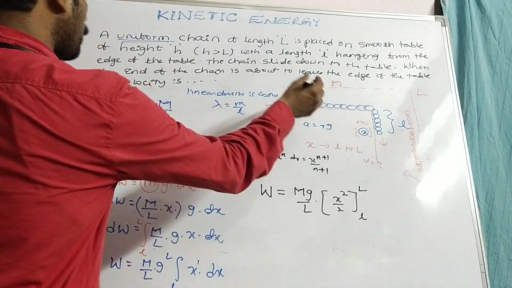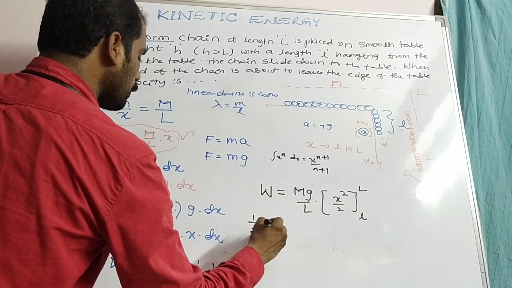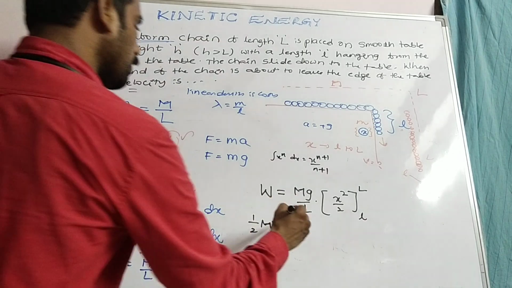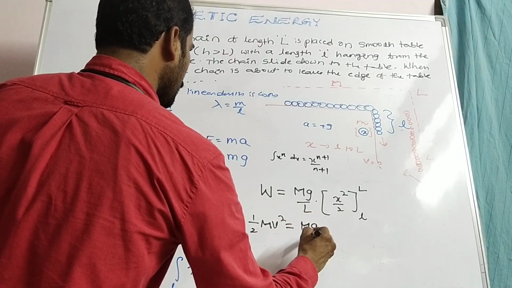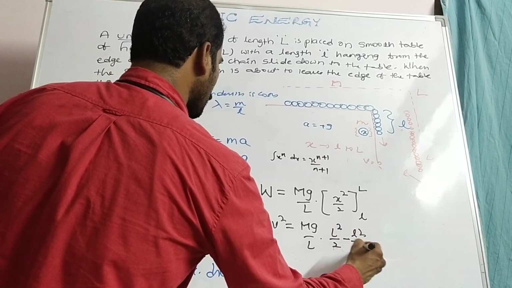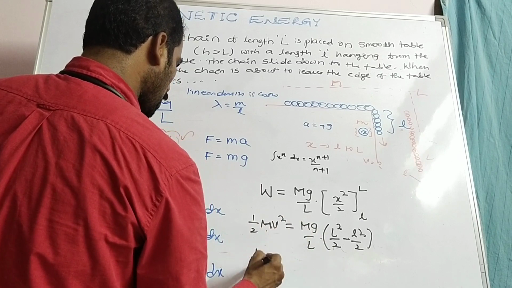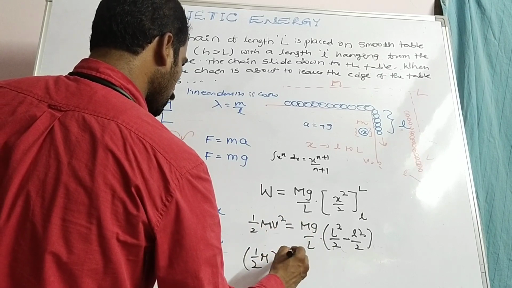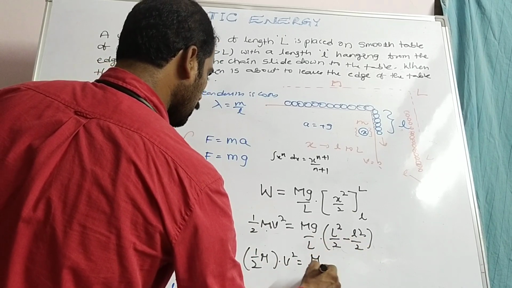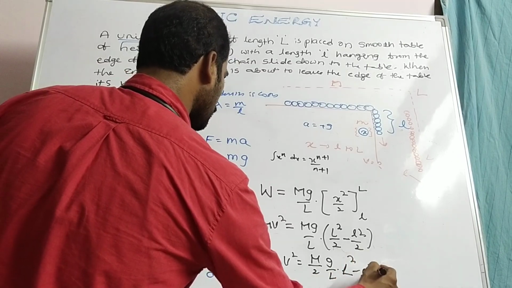Now, from the work done, we have to find the velocity. That's why I converted it: half m v square is equal to M into g by L into capital L square by 2 minus small l square by 2. So here m gets cancelled. Half M into v square is equal to M by 2 into g by L into capital L square minus small l square.